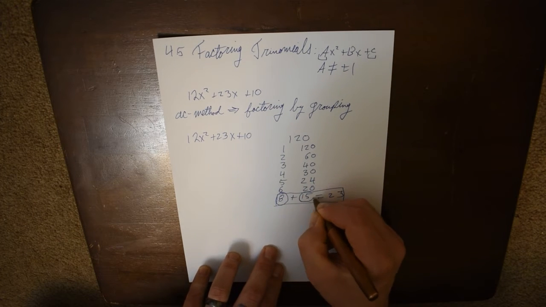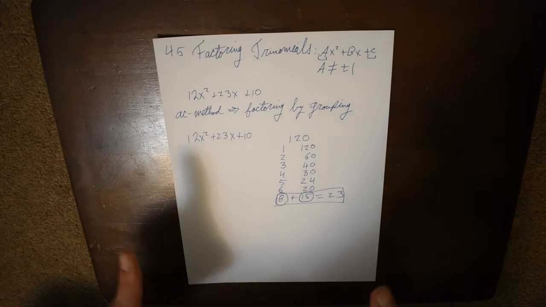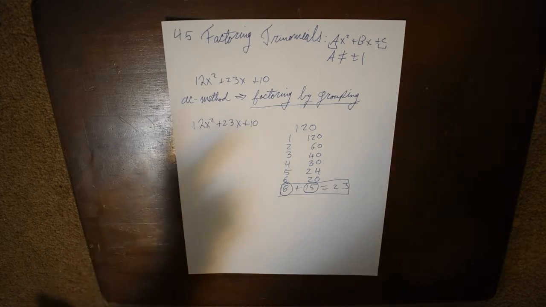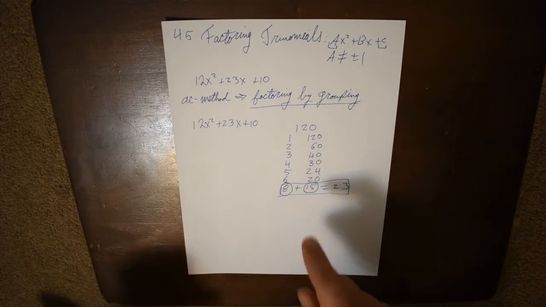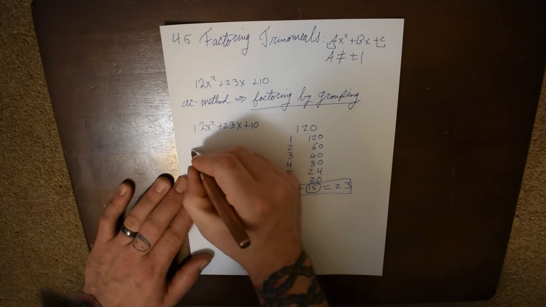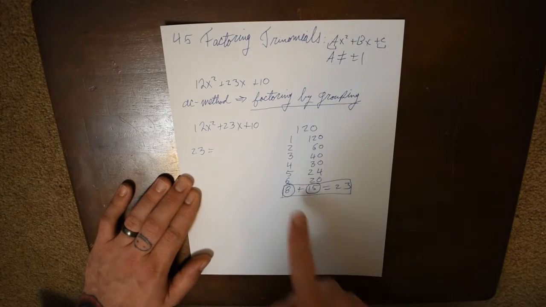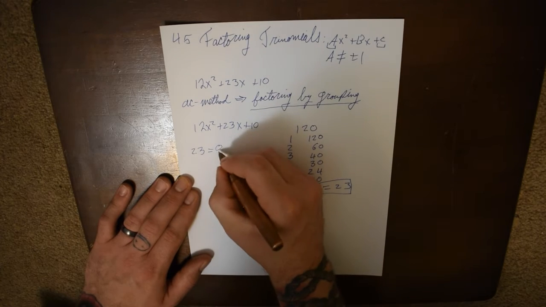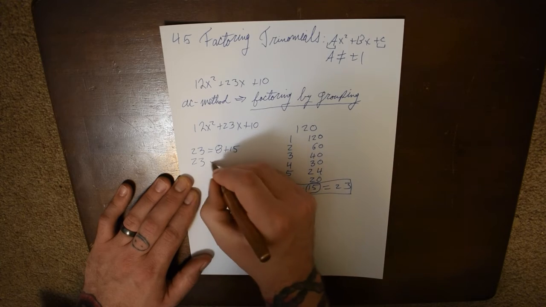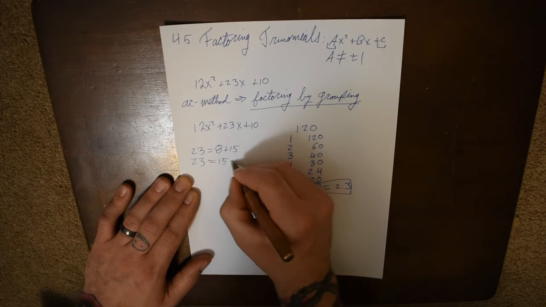This is where the method is different. Now we're going to factor by grouping. You have two different ways of setting up this problem, and it all boils down to the way we write 23. We know that 23 is equal to 8 plus 15, but 23 is also equal to 15 plus 8.